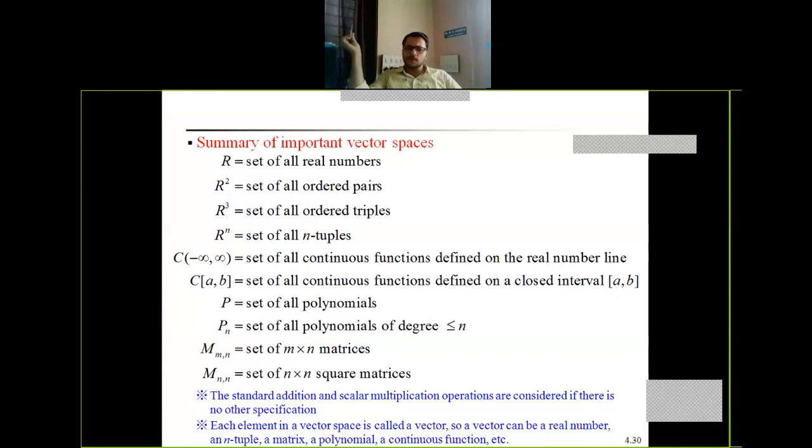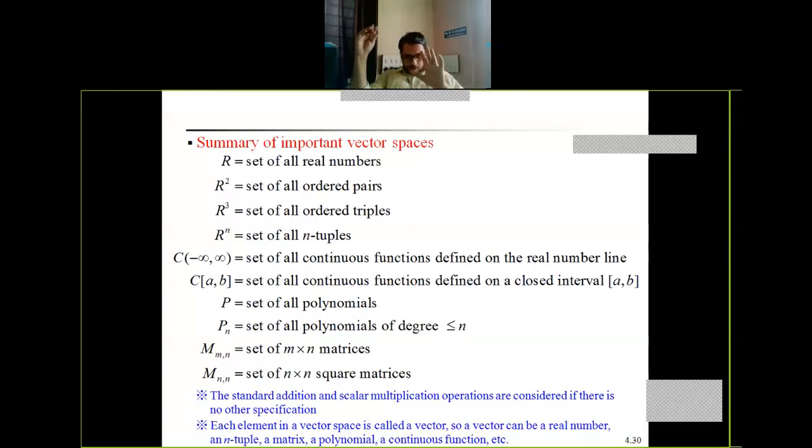And obviously matrices having dimensions m and n, where m and n can be any real numbers, so that can also be a vector space. Okay, so the note here is: the standard addition and scalar multiplication operations are considered if there is no other specification. Please remember this point.